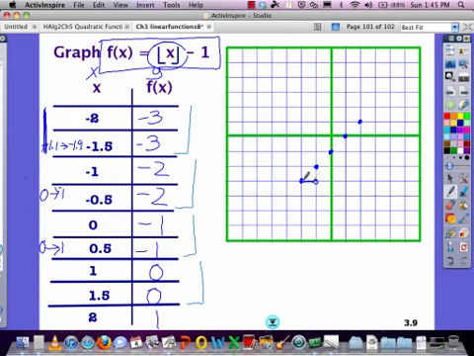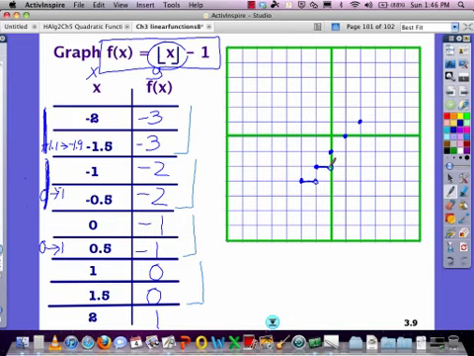Then go to the next interval. We want all of our decimals between 0 and negative 1. So 0 and negative 1 is going to give us a y value of negative 2. So 0 is an open circle. All the decimals between 0 and negative 1 give us a y value at negative 2. So you can start to see our steps forming.